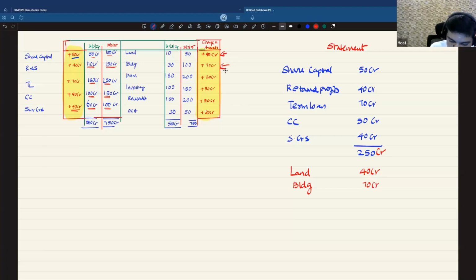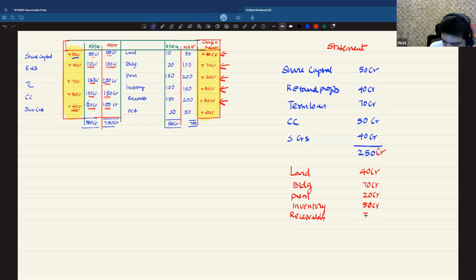It has been used for investment in plant and machinery, which is 20 crore. It has been used for investment in inventory also, which is 50 crore. What is the investment they have made in receivables? That is another 50 crore.